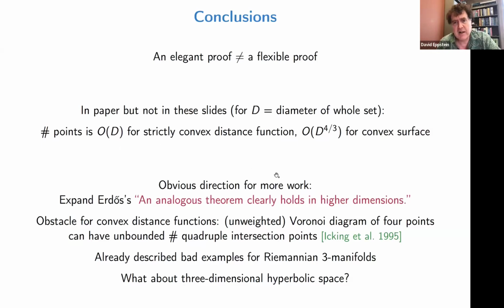But the other direction that I'd like to extend this further is 3 dimensions or higher. In particular, a question that I don't know the answer to: is the Erdős–Anning theorem true for three-dimensional hyperbolic space? Is it the case that any integer distance set of points in this specific space is either finite or collinear? I don't know. I would like to know.